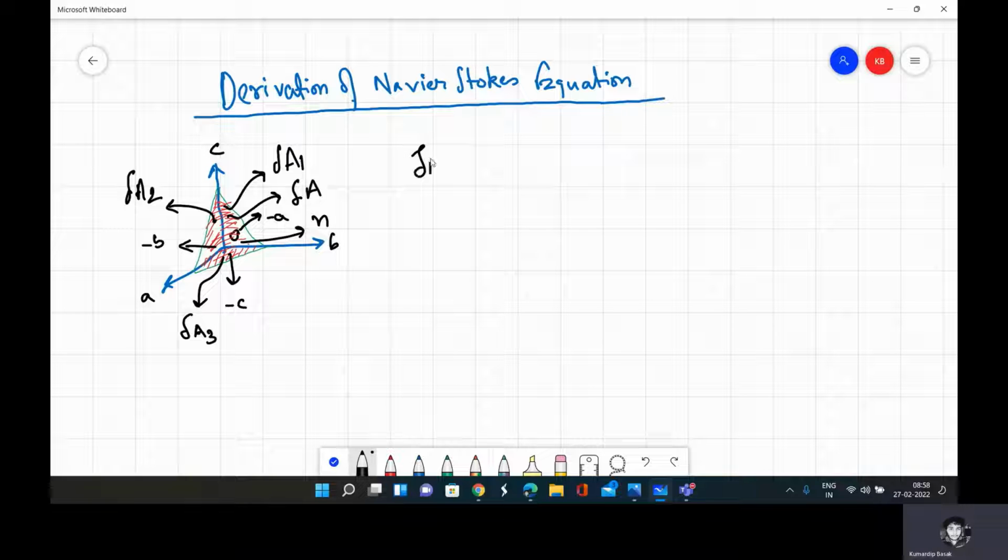So my delta A is the area element for that surface, and my N is the direction vector.